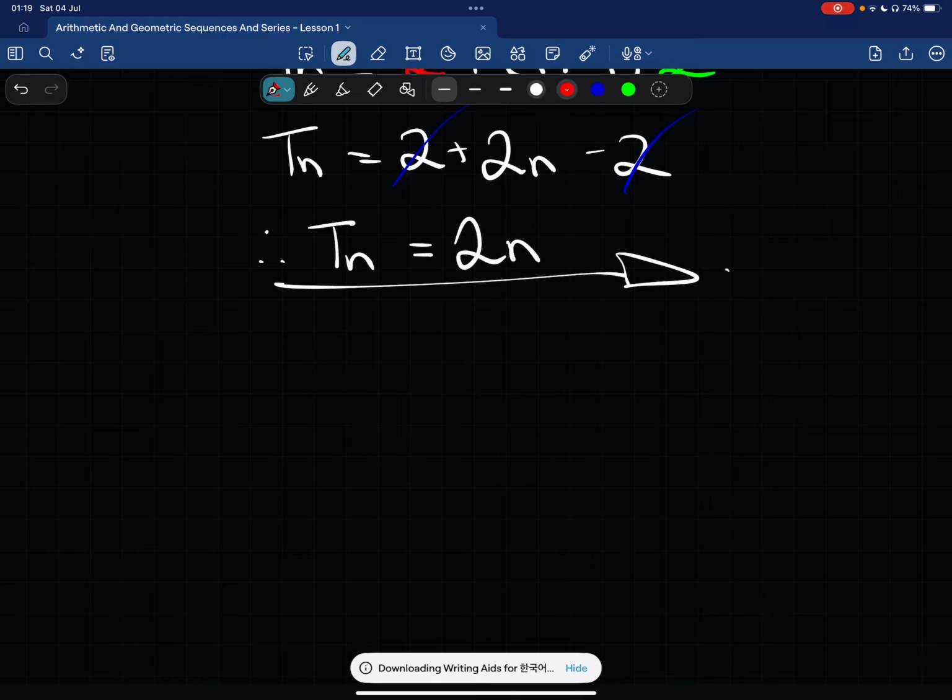So what would those be? Our odd numbers are 1, 3, 5, 7, 9, 11, and so on.